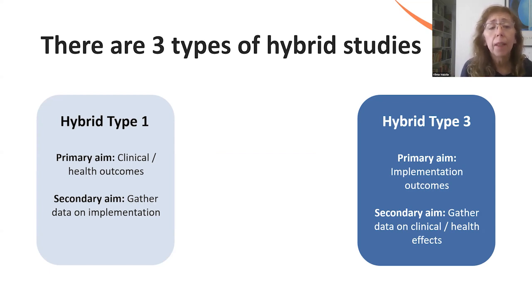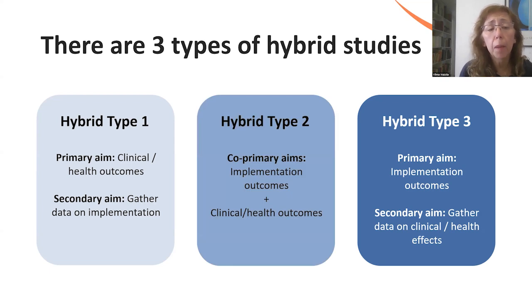The secondary clinical outcomes are observed and are related to the level of adoption and fidelity produced by the different implementation strategies, which are again our main focus. They are very useful, for example, to test scaling up strategies.